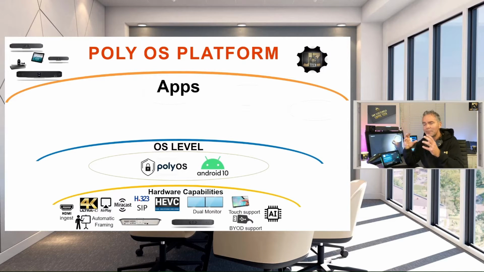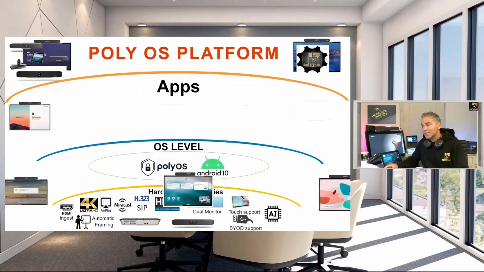This is an appliance operating system, so it doesn't need to be the latest and greatest. It's always behind because everything they find in issues or security issues is backported into Android 10. So this is why the appliance version is always a bit behind in version, but that is no problem because we're just using the application. As a user experience, you don't see any difference. That's the PolyOS operating system.